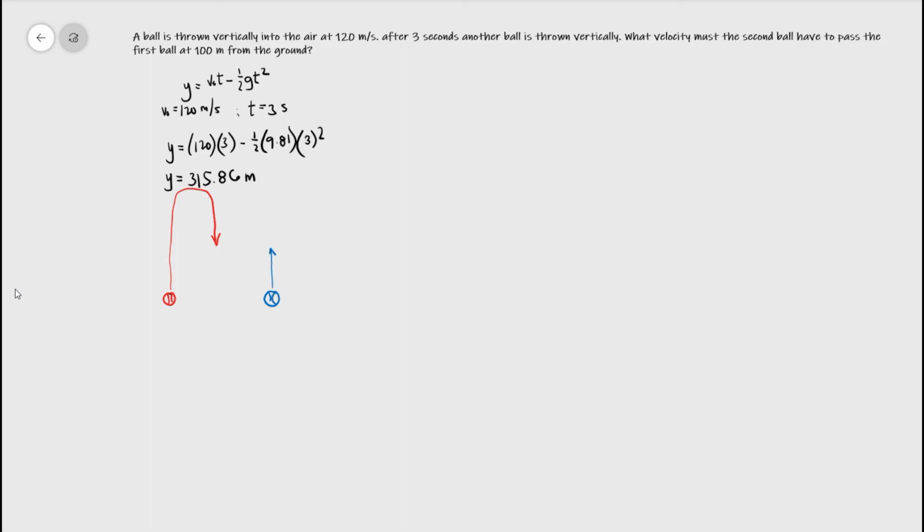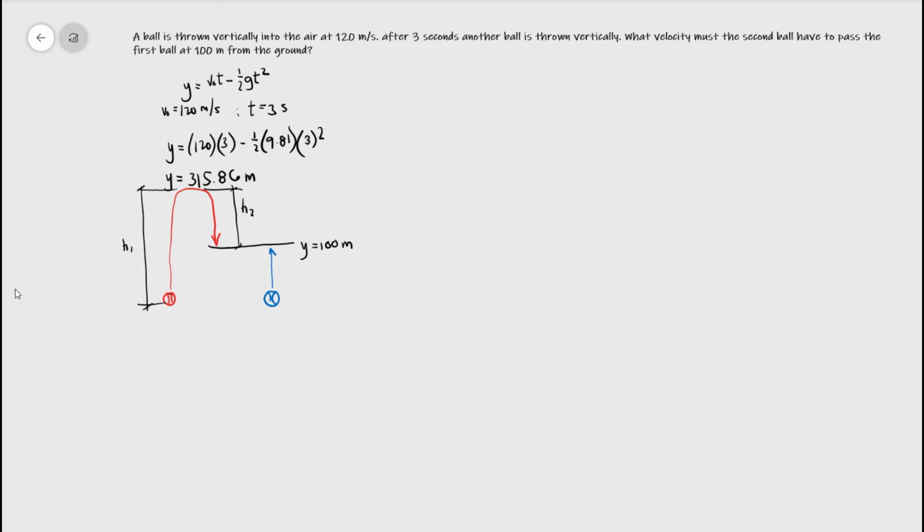Then at a certain point they meet each other, where their heights are the same, at the value of y equal to 100 meters. Let's say this is our second height and this is our first height. This first height is the maximum height attained by ball 1.